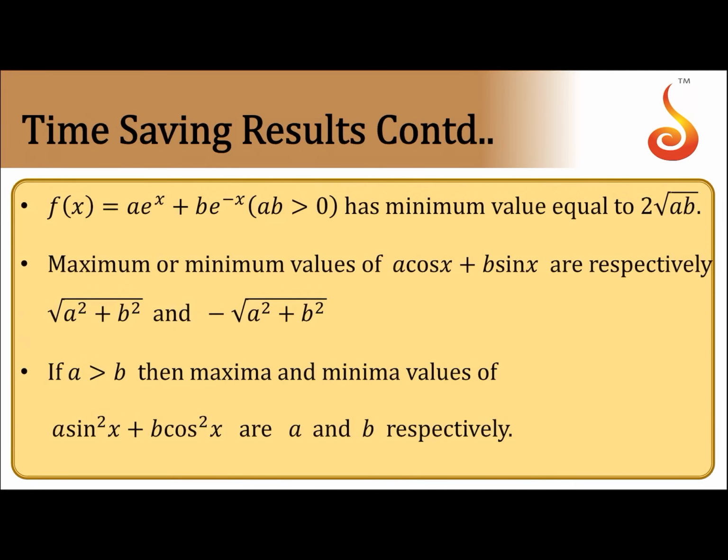That's a formula. For f of x equals a e power x plus b e power minus x, the minimum value is 2 root ab. For a cos x plus b sin x, the minimum value is minus root of a square plus b square, and the maximum value is root of a square plus b square.